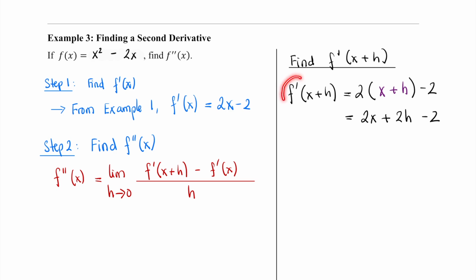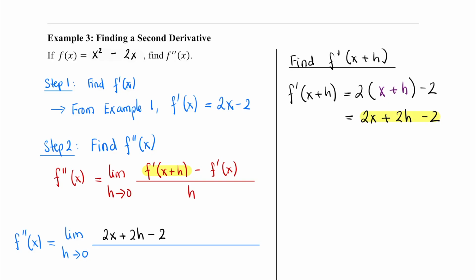So f prime of x plus h equals 2x plus 2h minus 2. And I will replace f prime of x plus h with 2x plus 2h minus 2. I will replace f prime of x with 2x minus 2, all over h.